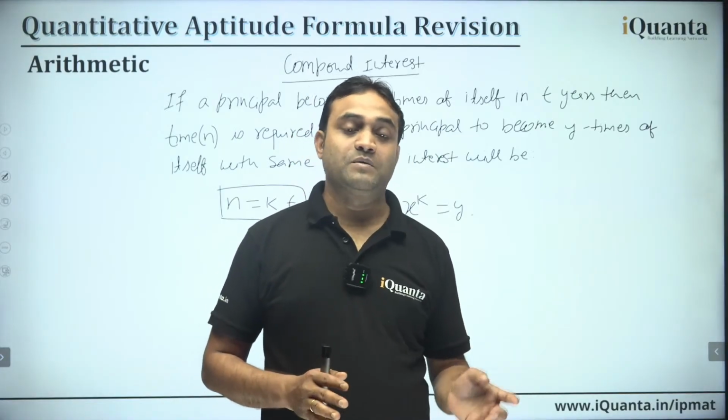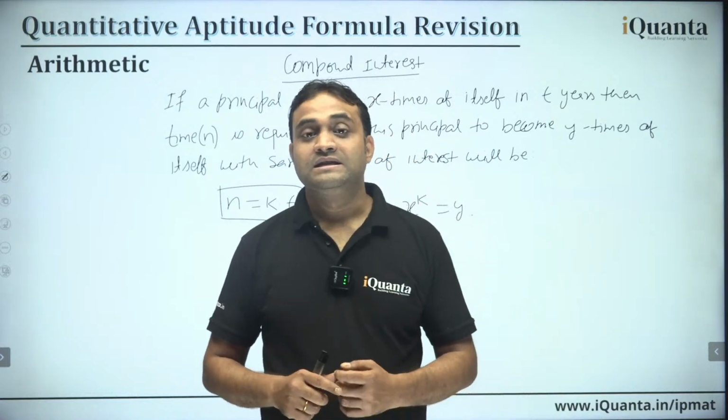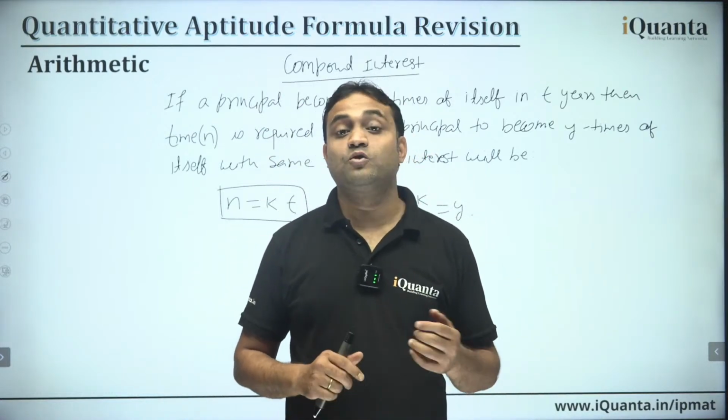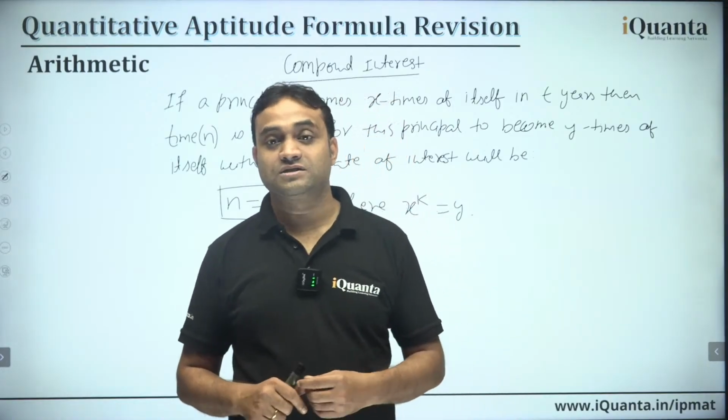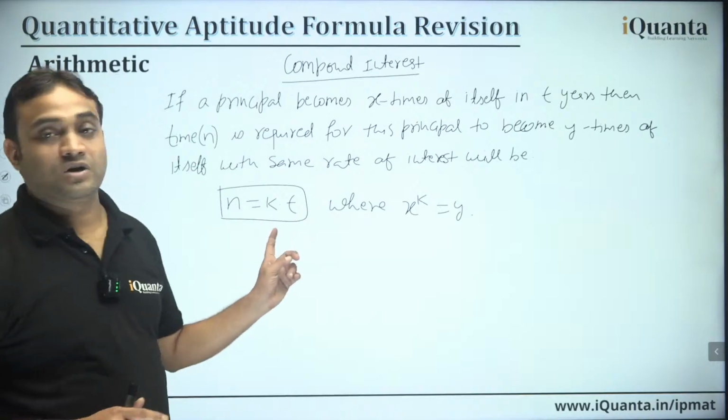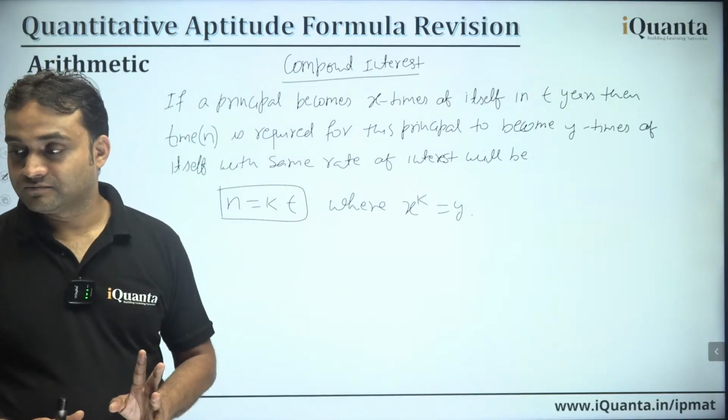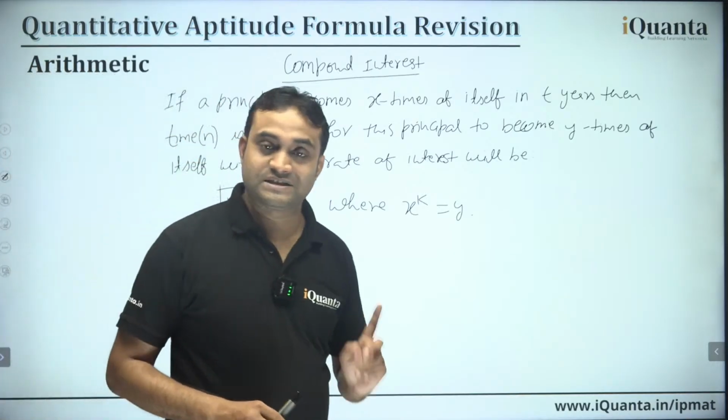If a principal becomes 4 times of itself, then in how many years it will become 64 times of itself? So in those kind of questions, you can use this formula directly. All right? Is that clear?